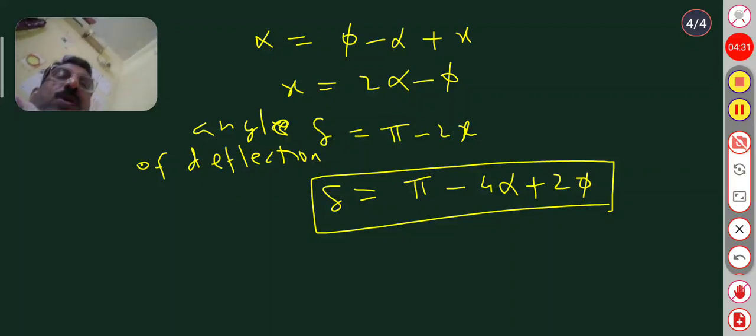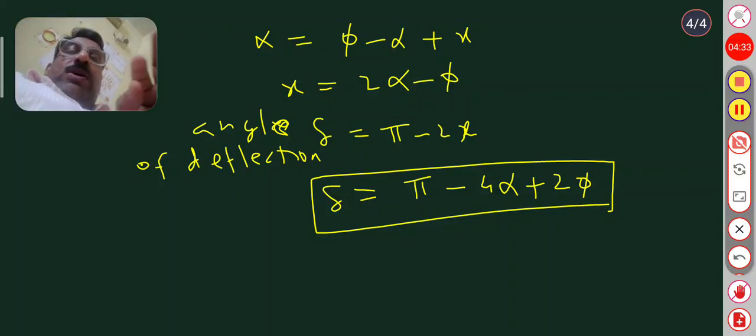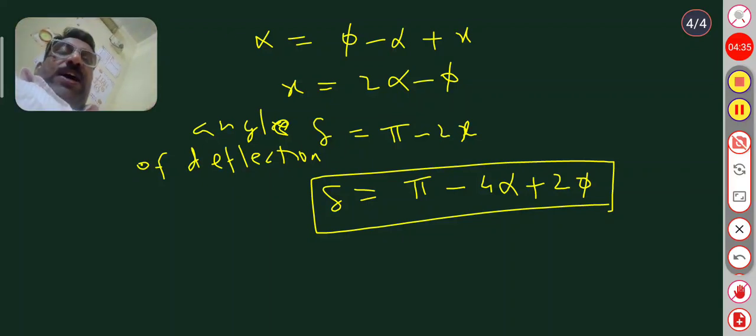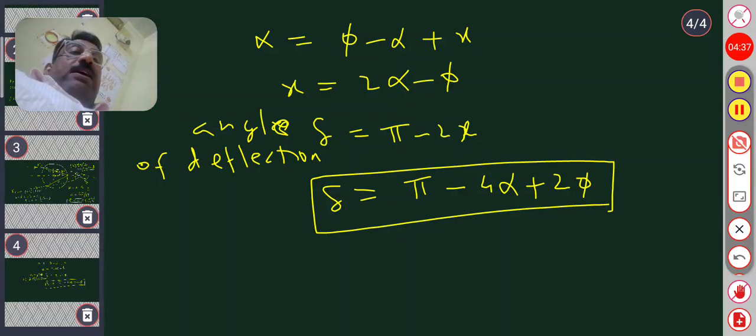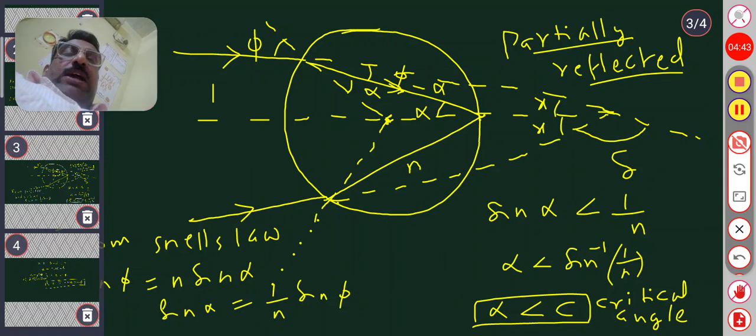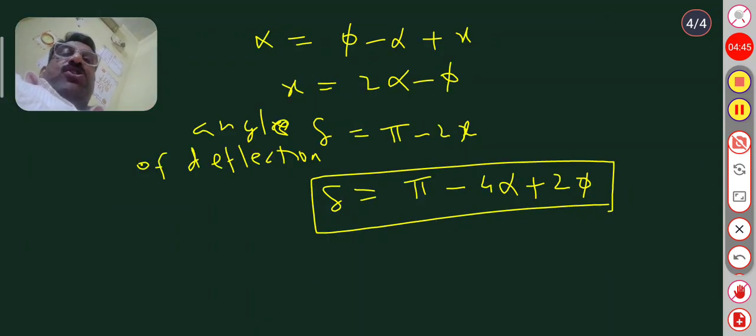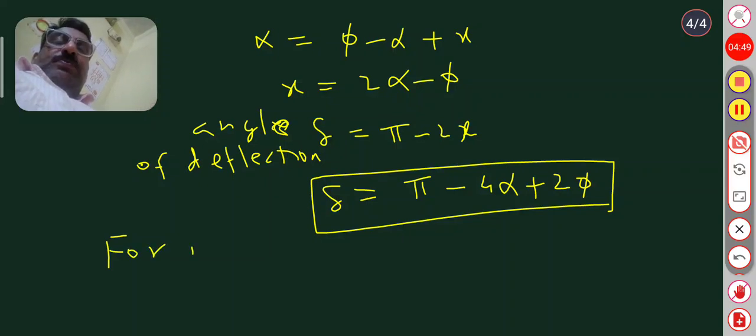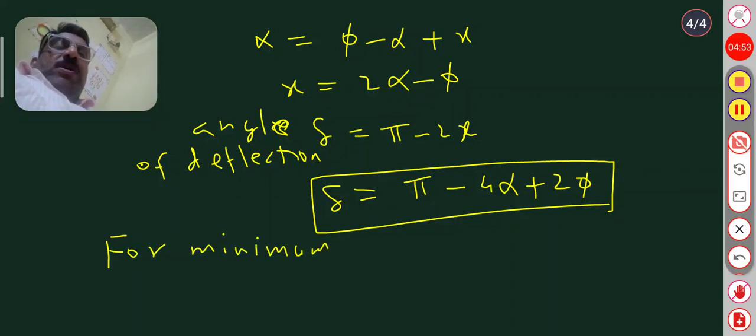Now you are asked to find out for what angle phi, the angle of incidence at the front surface, this angle of deflection is minimum.